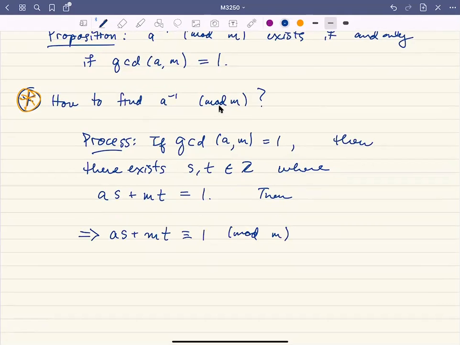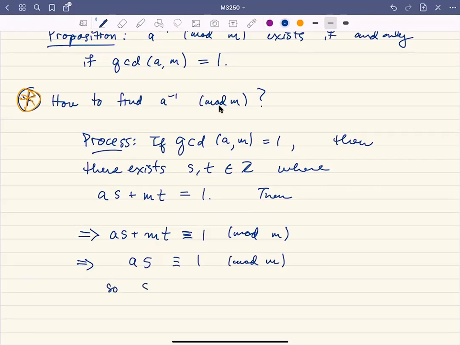So when you subtract them, you get 0. Any value m divides 0, so this is true for all m. And in particular, mt mod m is 0. So this tells you that as is congruent to 1 mod m.